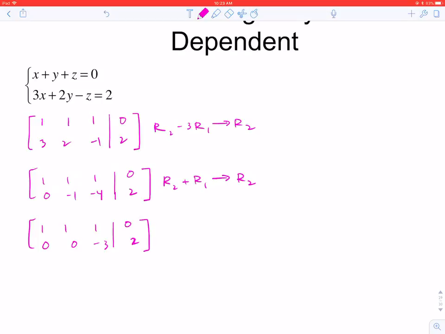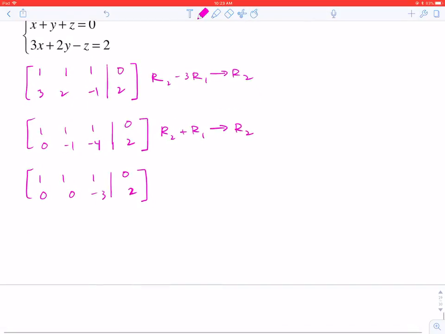You could keep going to try and simplify, but even at this point up here, we could tell that there are infinitely many solutions. So it's a dependent system.